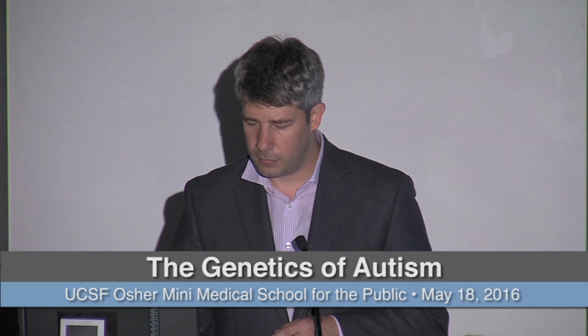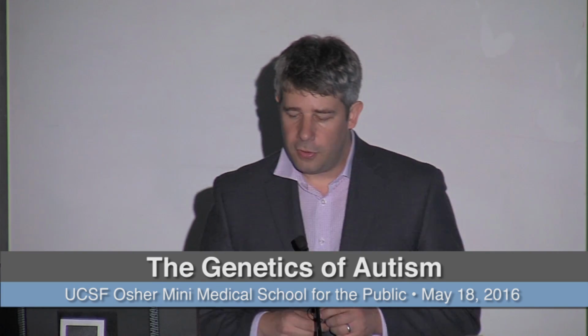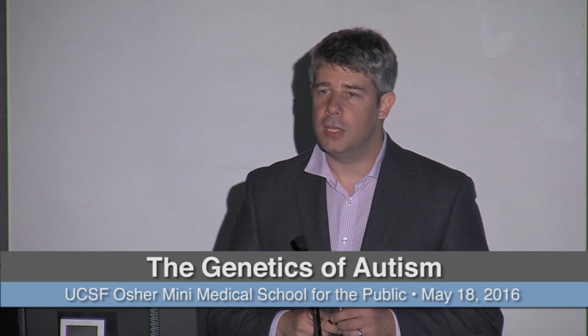What about common variations? So we had this other idea that autism could be contributed by many, many little variants, each having a tiny, tiny effect. Now, those effects tend to be so tiny that viewing them directly is difficult. We're going to see on the next slide an attempt to do that, but so far in autism it's not been very successful.